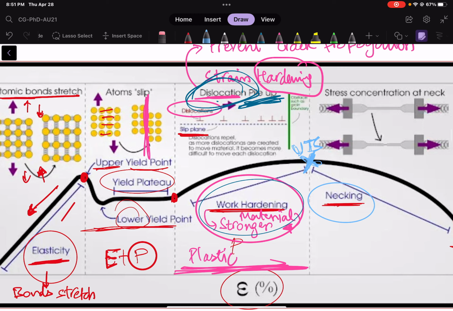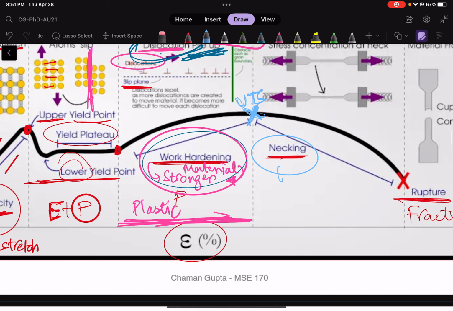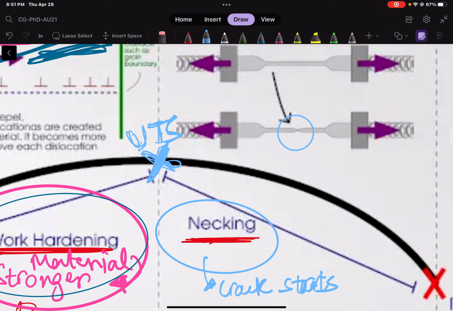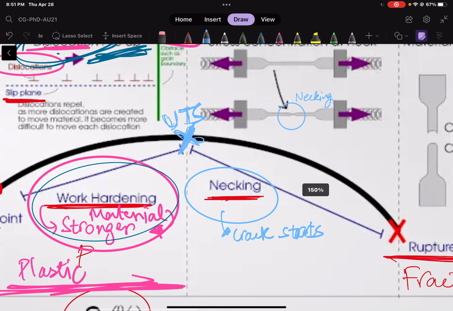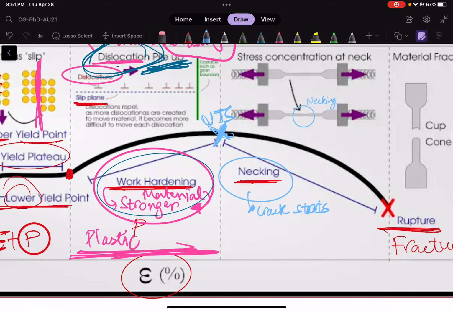And what that means is that necking takes prominence over dislocation pile up. And then you could say that a crack starts of sorts. So this phenomenon over here is the necking. And that starts happening. And once necking is happening, your material is getting weaker.